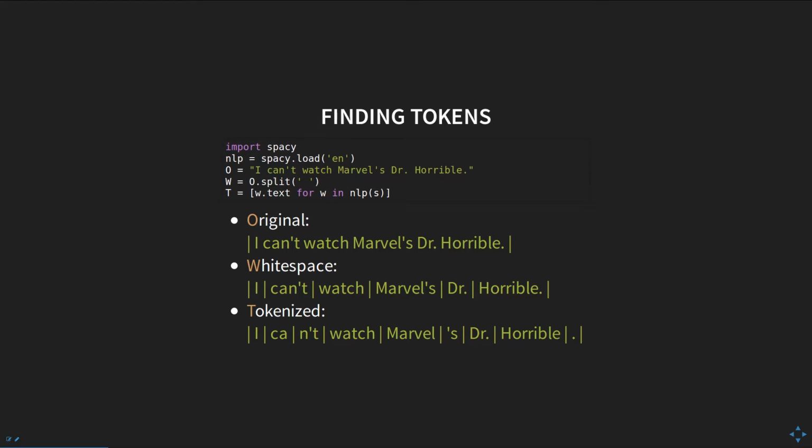And already we can compare with the original. How does just splitting on white space compare to doing actual tokenization with some knowledge about the linguistic factors that are in this data? So for white space, we can see that we have what we would expect. So there's I, can't, watch, marvels, Dr. Horrible. But we can also identify certain errors that we might not think are actual separate tokens.